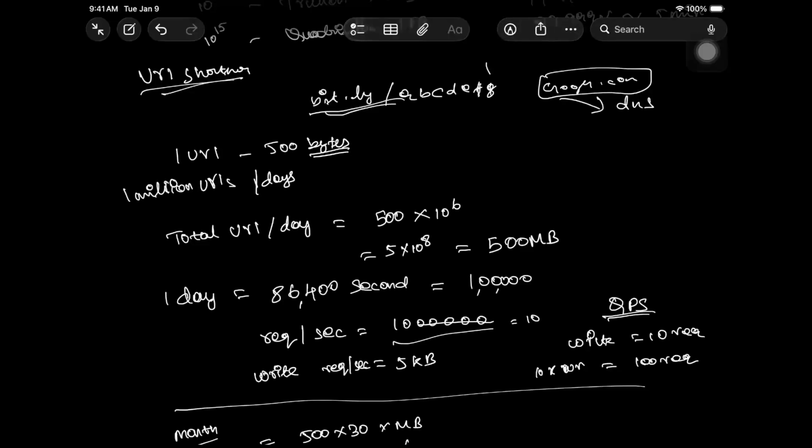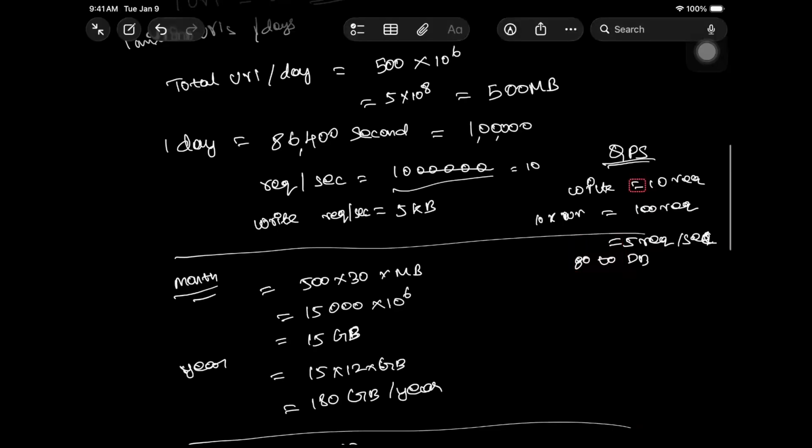And if we use Redis cache and all, then 95% of requests would be handled. So only 5 requests per second will go to the DB. And there is another thing we need to consider, that is sharding.